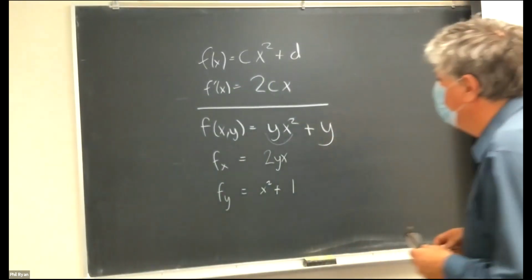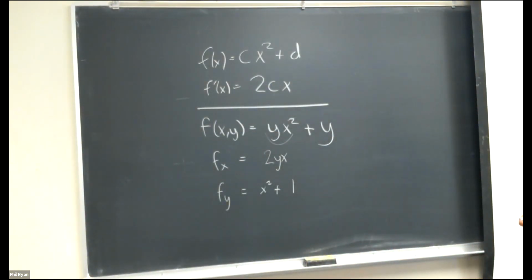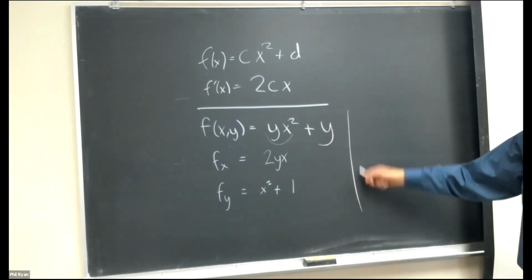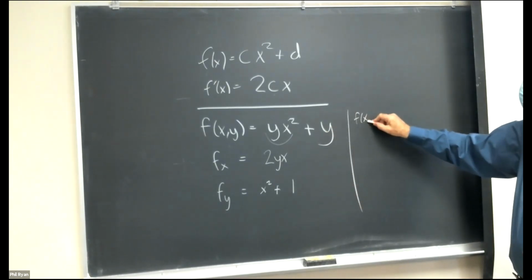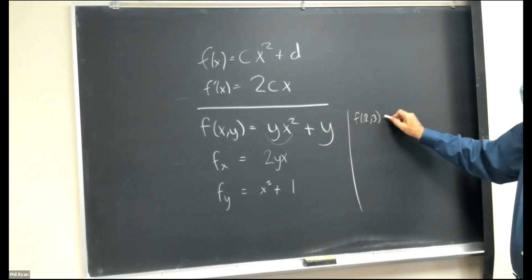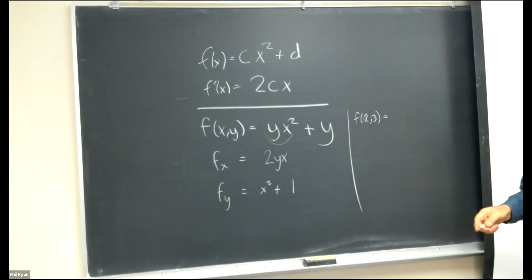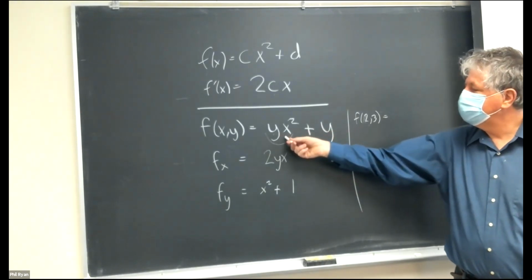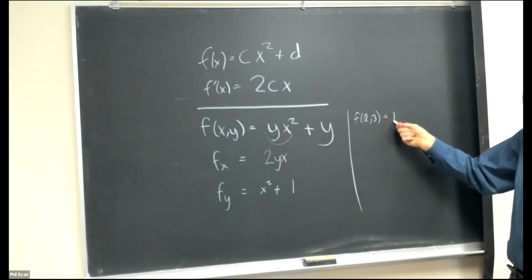So this is still a function of x and y. So then I could say, well, f of 2, 3. I just plug in, right? I plug in 2 for x and 3 for y. So 2 for x, so this becomes a 4 times a 3 is 12, plus a 3 is 15.